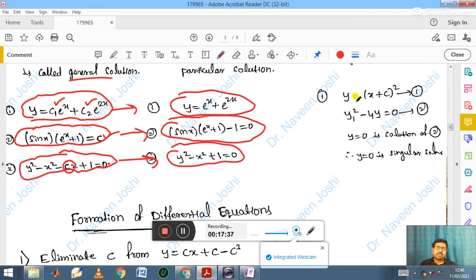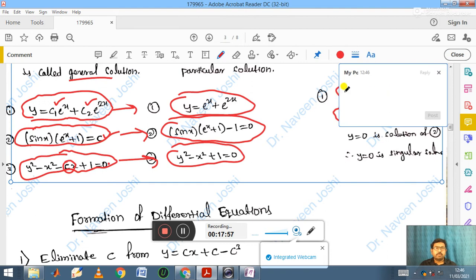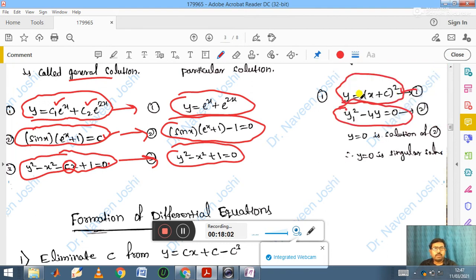Then go to the singular solution. Singular solution means, let y equals x plus c whole square be the general solution of the differential equation y1 square minus 4y equals 0. Here, if you replace c with any value, including 0, 1, 2, 3 and so on, you will not get 0, because the solution of this differential equation is y equals 0.